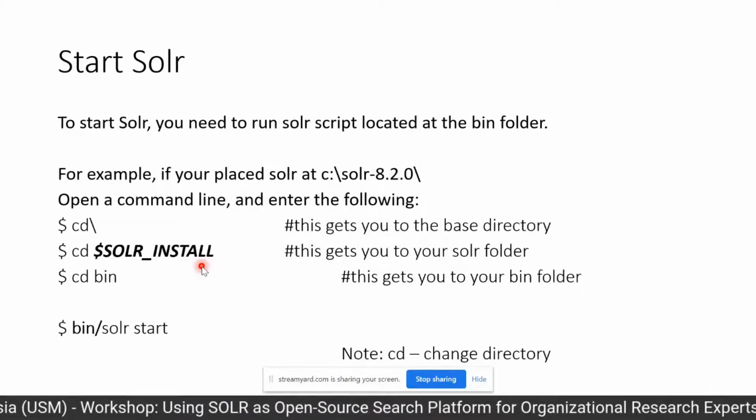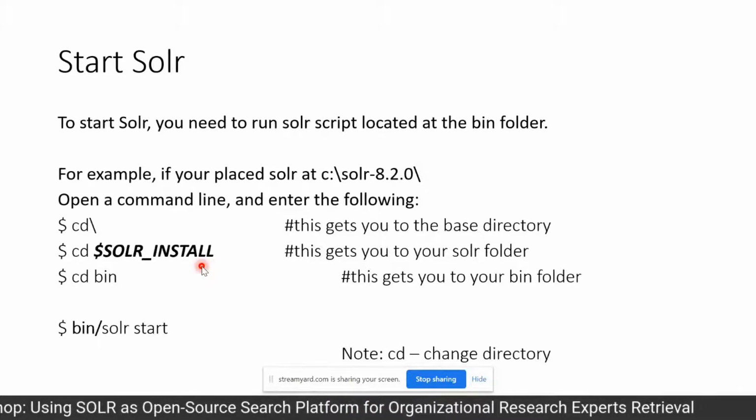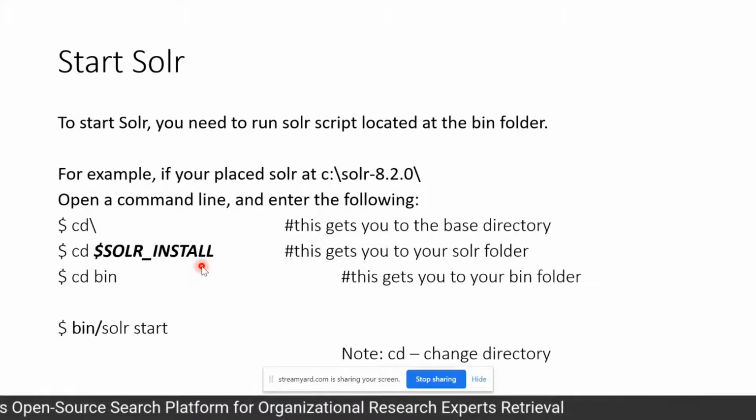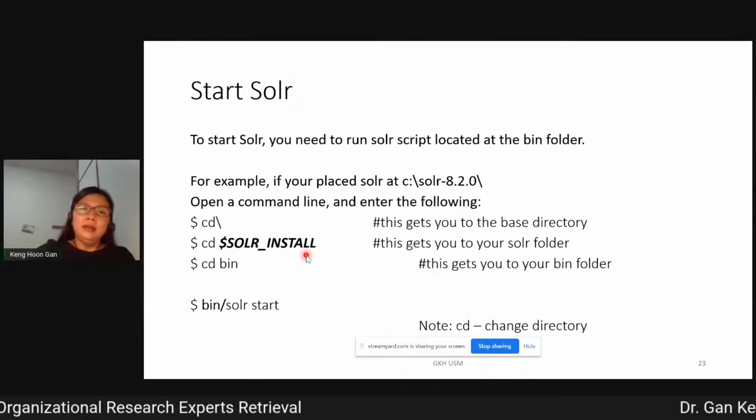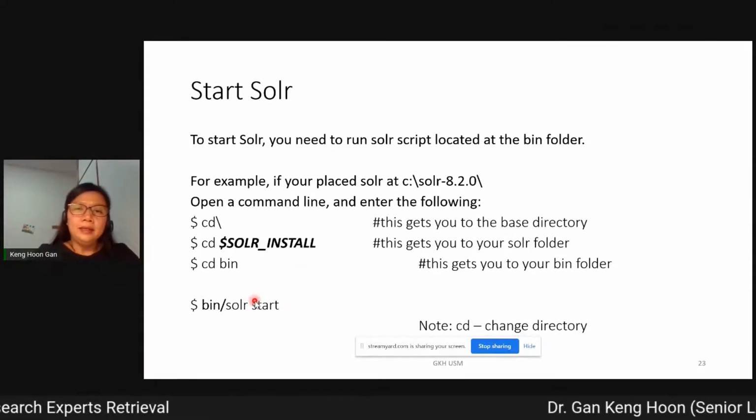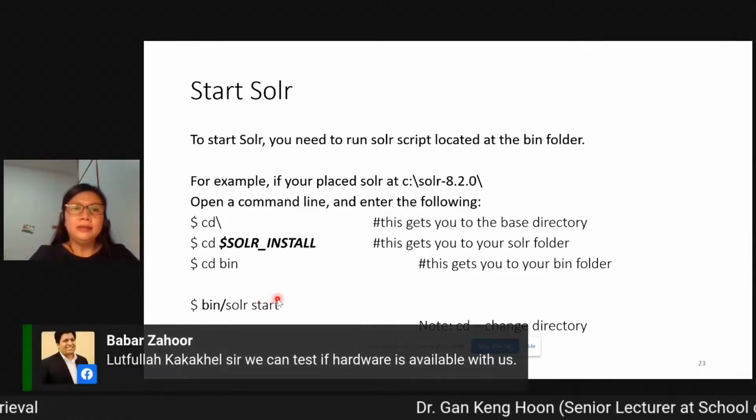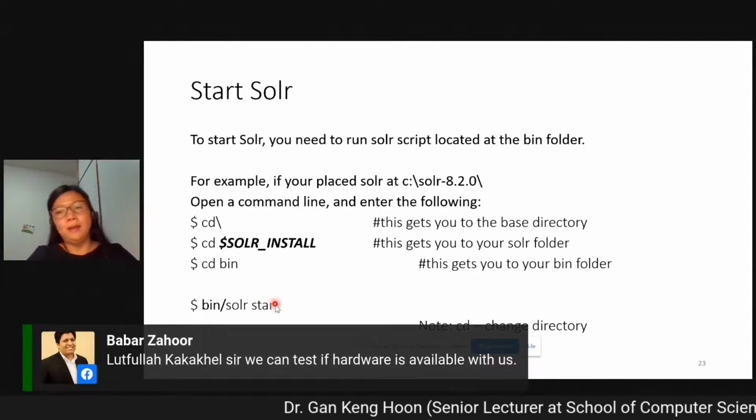So the first step is, because you are going to run this search platform as a server, you will need to start the server. How to do that? It's pretty easy. You just need to navigate using the command prompt.